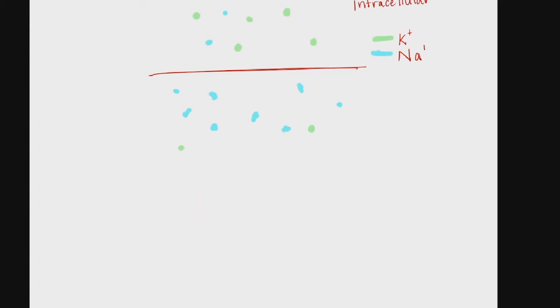So naturally, inside the cell is more negative and outside the cell is more positive. So we generally have a higher concentration of Na outside the cell. And what that question was talking about is that usually we have these gates, let's say these are Na gates. They're usually closed when it's at rest, so there's no flow of any sodium in or out.